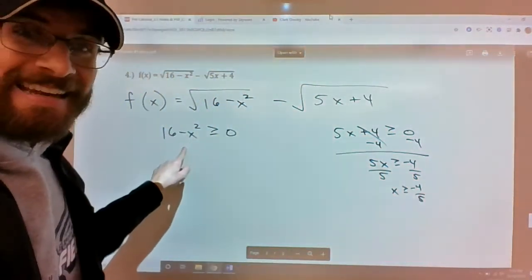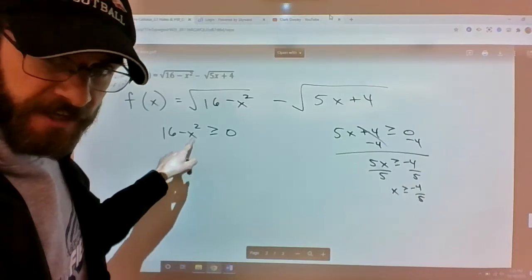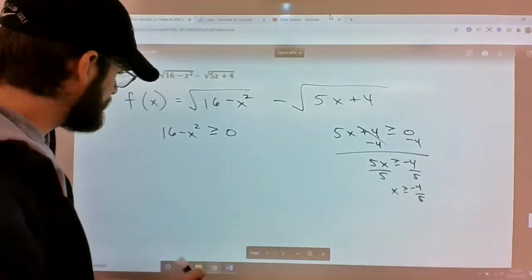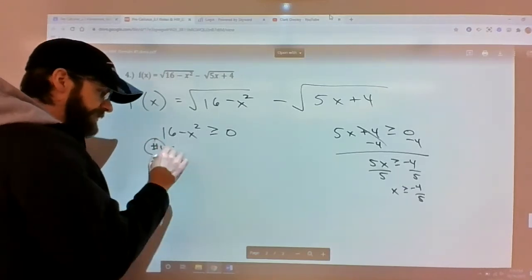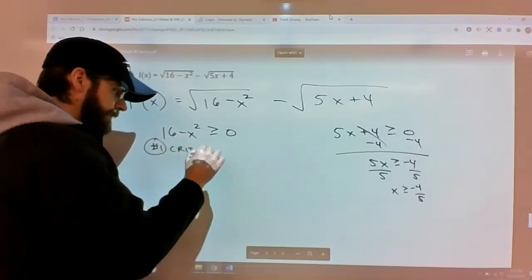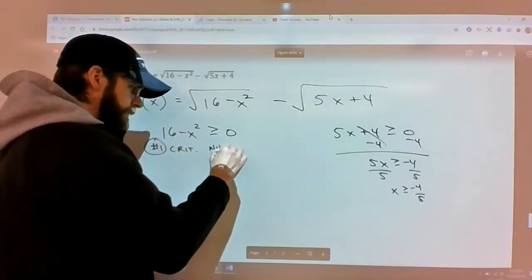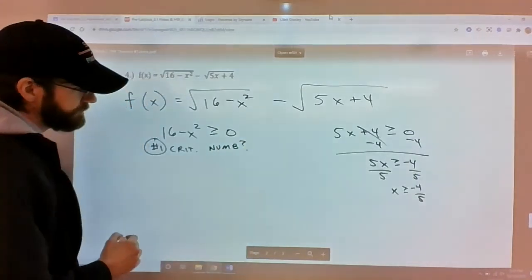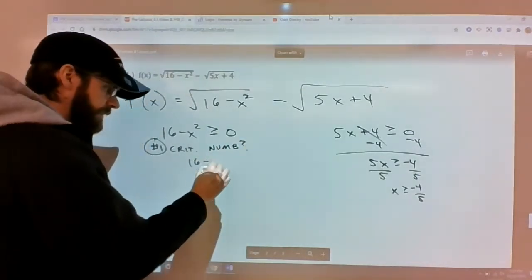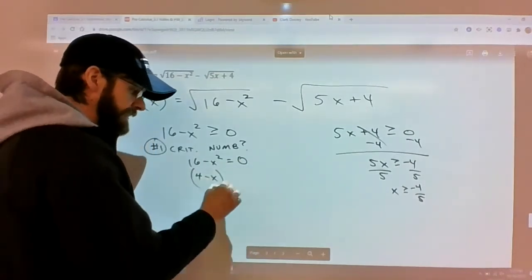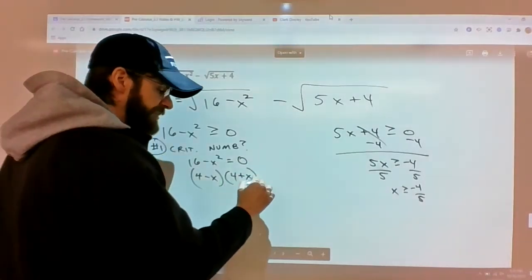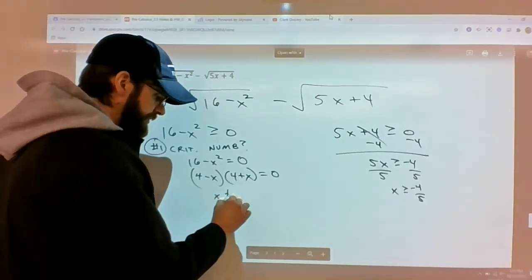This one, not so traditional because of the square. So what I have to do is say, oh, what are my critical numbers? That's going to be 4 minus x, 4 plus x, which gives me plus or minus 4 for my critical numbers.